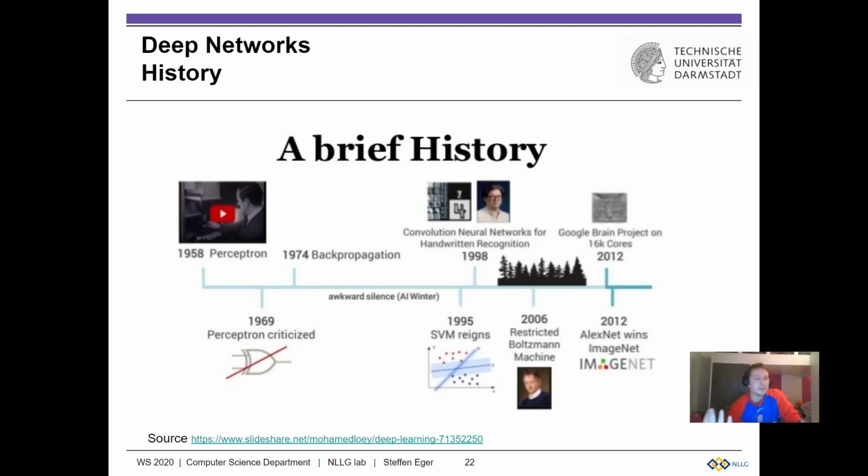So there's this famous case of the XOR function. If you're a computer scientist, you know what the XOR function is. You also know what the OR and the AND function are. The AND function takes two arguments, both binary, 0 or 1. It gives 1 if both of them are 1, and if one of them is 0, it gives 0 as output.